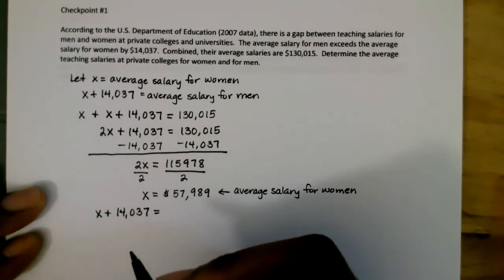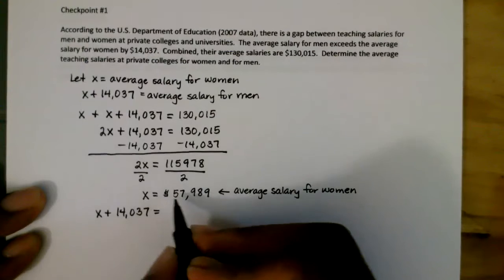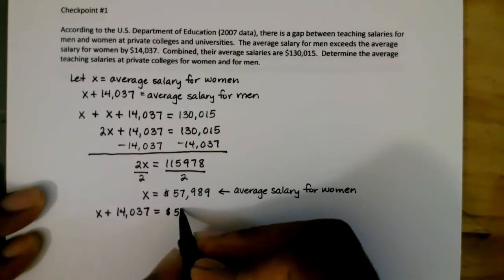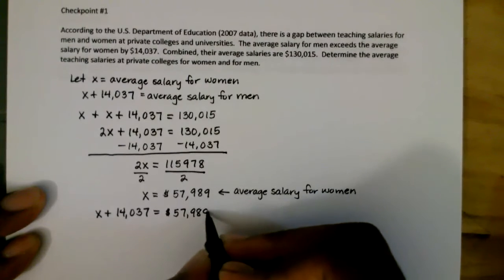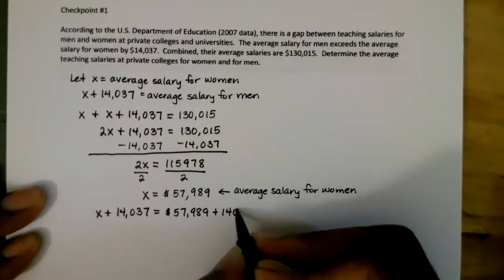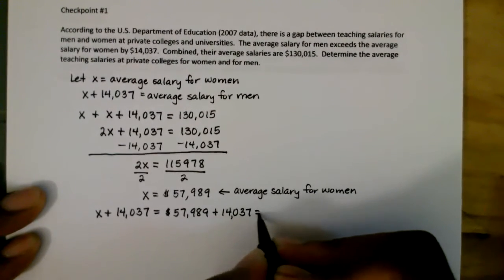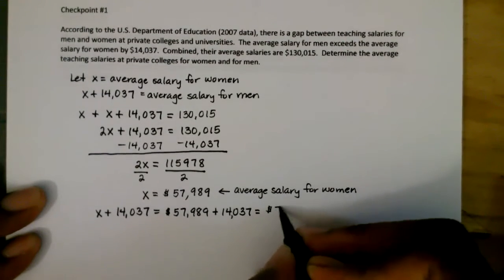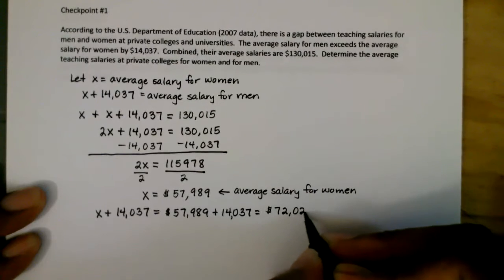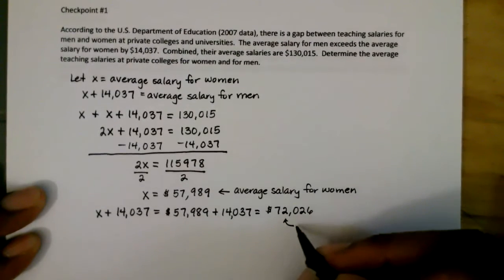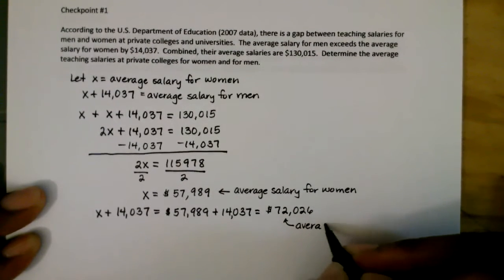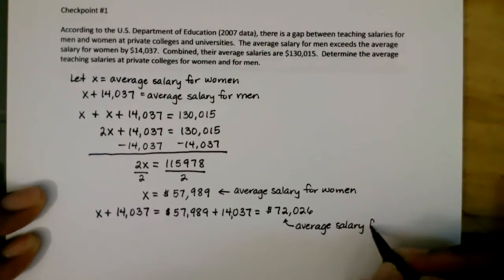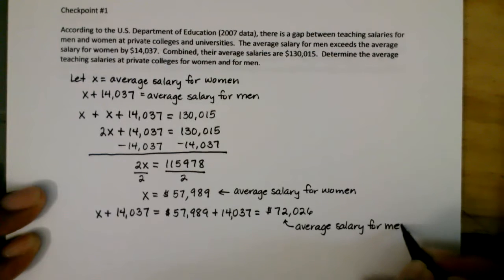And since x is 57,989, we just substitute that value in for x. So we're going to add $57,989 to $14,037. And this will give us a total of $72,026. And that amount is the average salary for men.